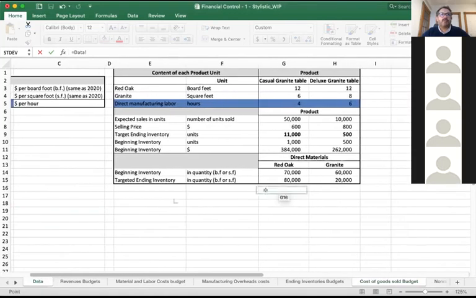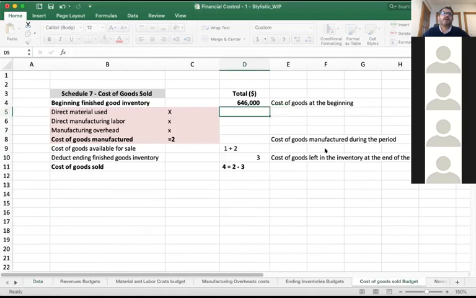We have the beginning inventory here plus here. Okay. Bravo to Ha, bravo to Luong, who also found it.